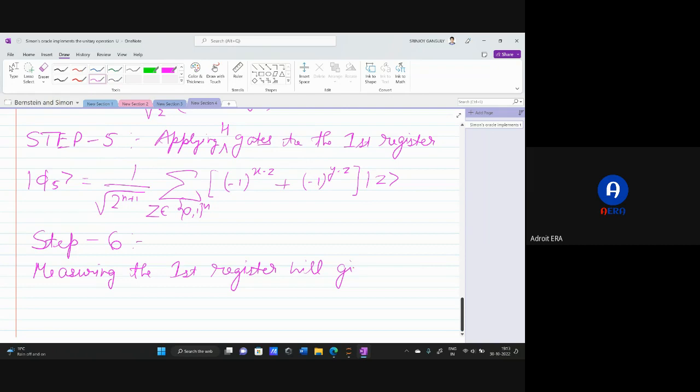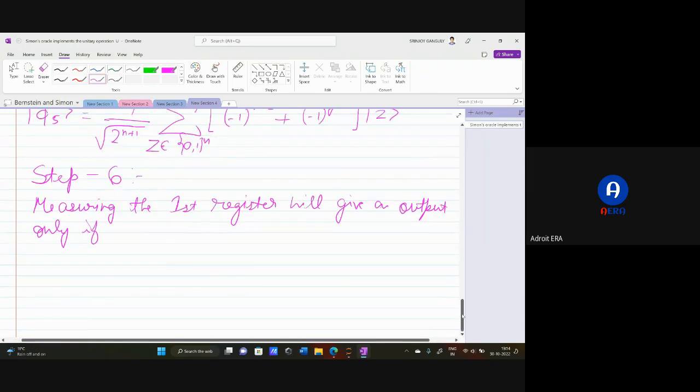It will give an output only if x dot z becomes equal to -1 to the power of y dot z. That is the condition of the output. And that makes sense also because we have two terms, and if they equal each other, then only the amplitude value is going to increase, right? If they are not equal, then it's not going to increase.